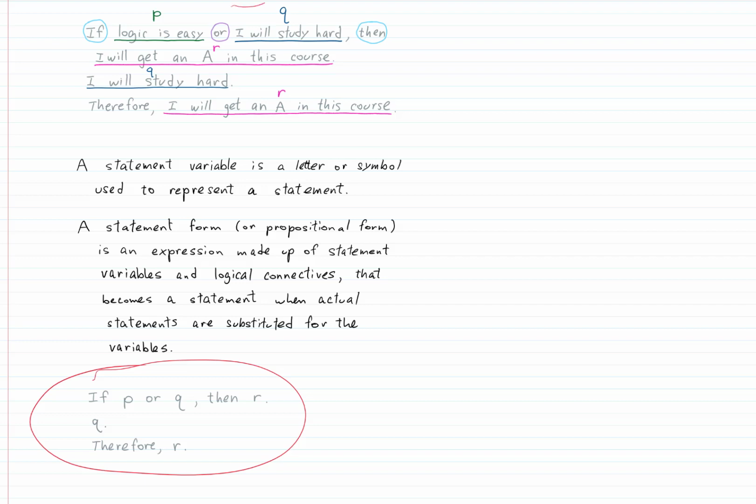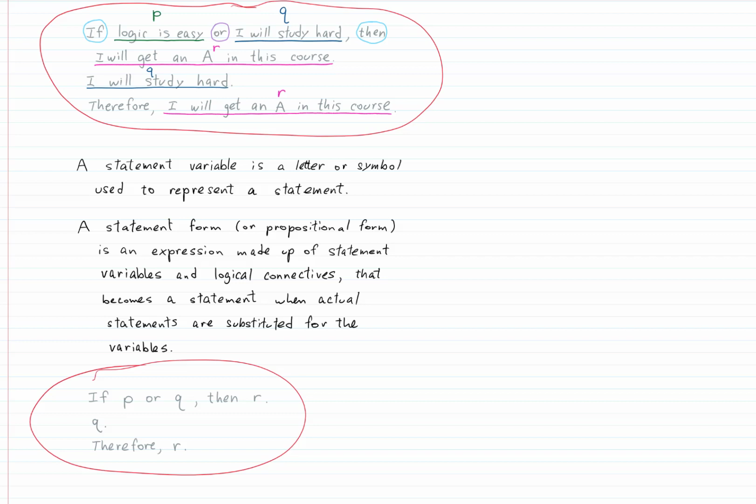But up here, I have substituted actual statements in place of the variables. In place of P, I've substituted the statement "logic is easy." And we don't need to argue about whether that's true or false. The point is, it's true or it's false. It's not the point of which one it is. It's just the point that it is one of those two. That's what makes it a statement.